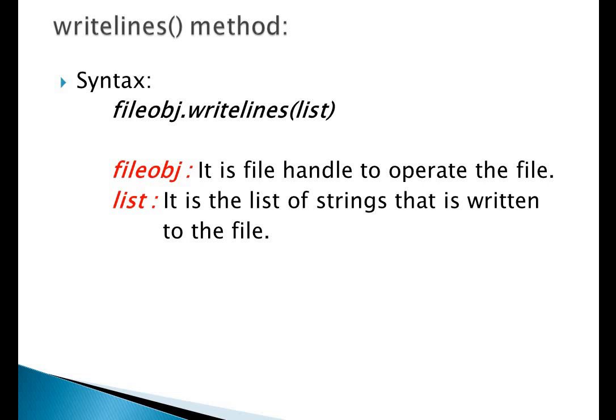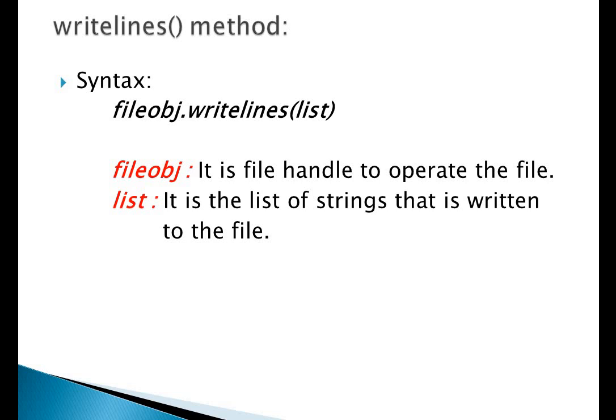So just observe this statement. The file object is used to call the writelines function, and it accepts a list. This list contains multiple string elements. So a list is a collection of objects, a collection of elements. Now for this example, the list is a collection of strings, so the different elements are string objects.